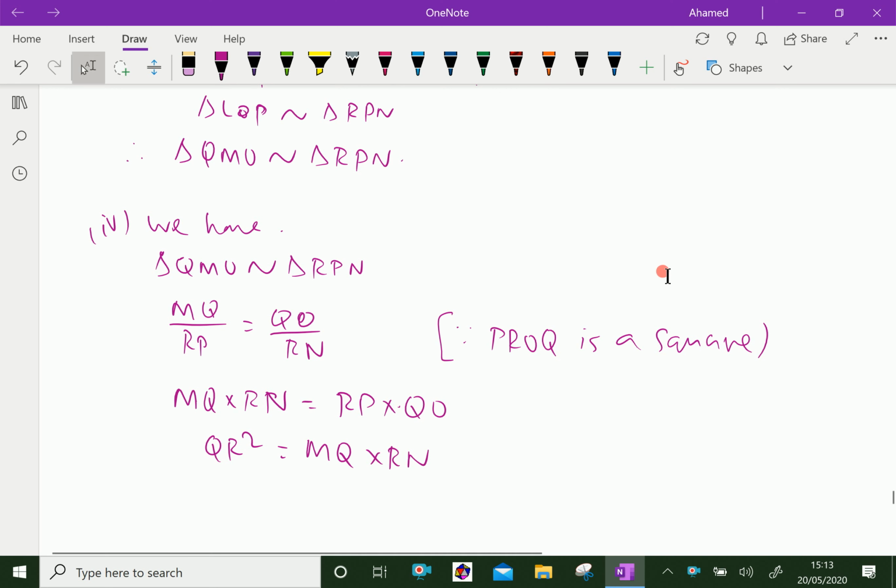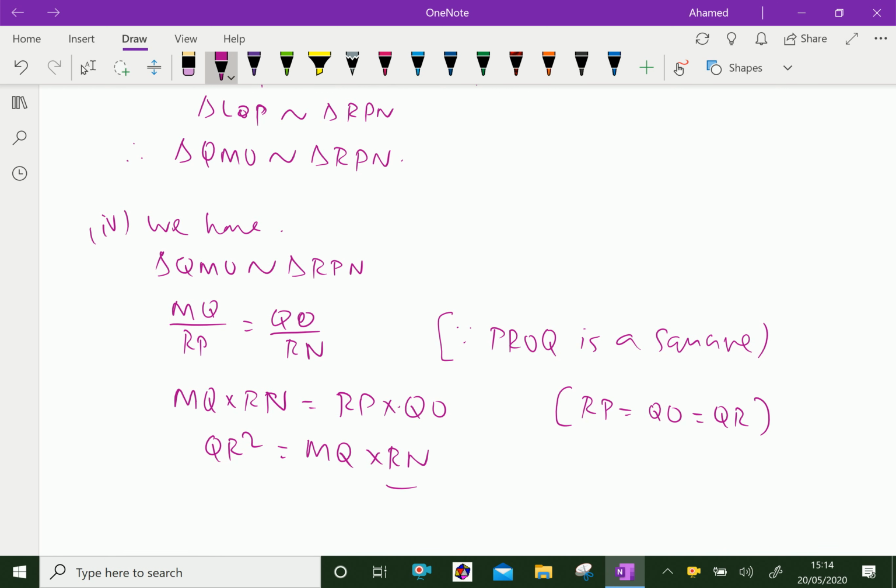RP equals QO equals QR, so instead of RP and QO we write QR. That is QR into QR is QR square, equal to MQ into RN.